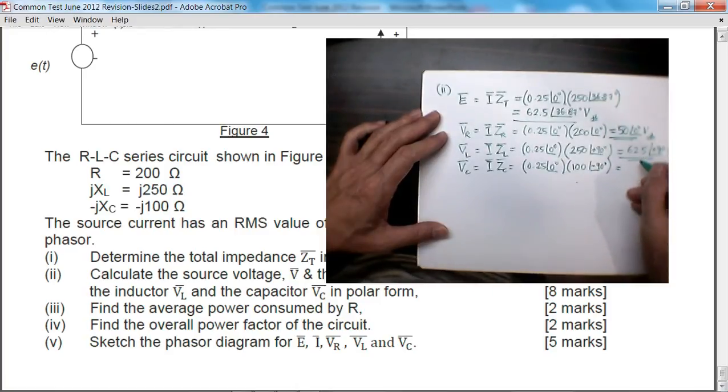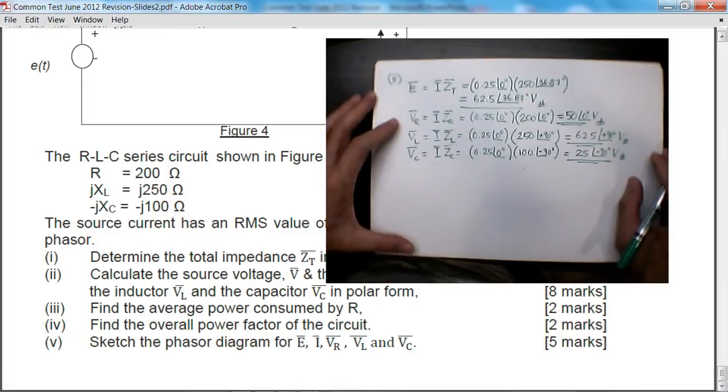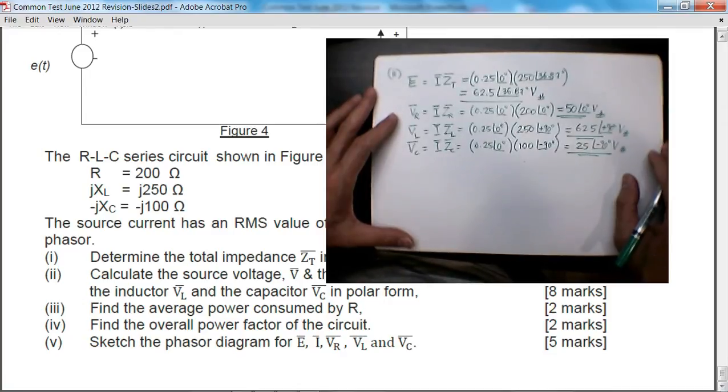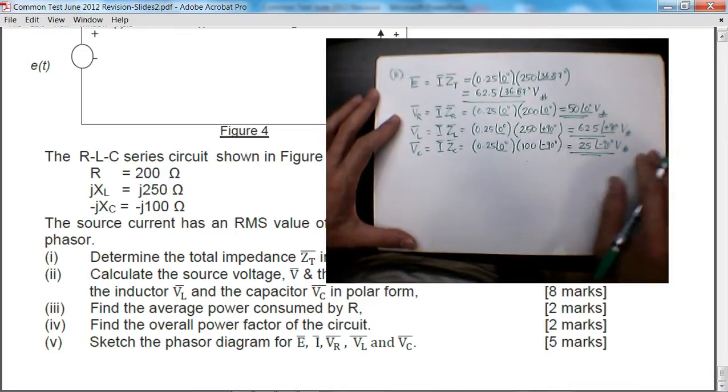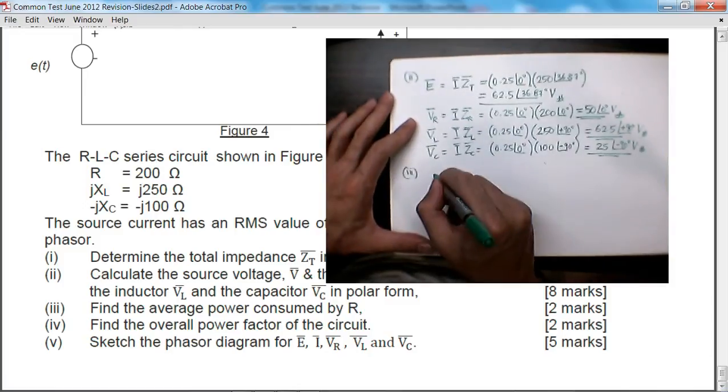That gives me 25 angle of minus 90 degrees volts. So those are the voltages for the various elements, the voltage drops. Next, we want to calculate the average power consumed by the resistor.